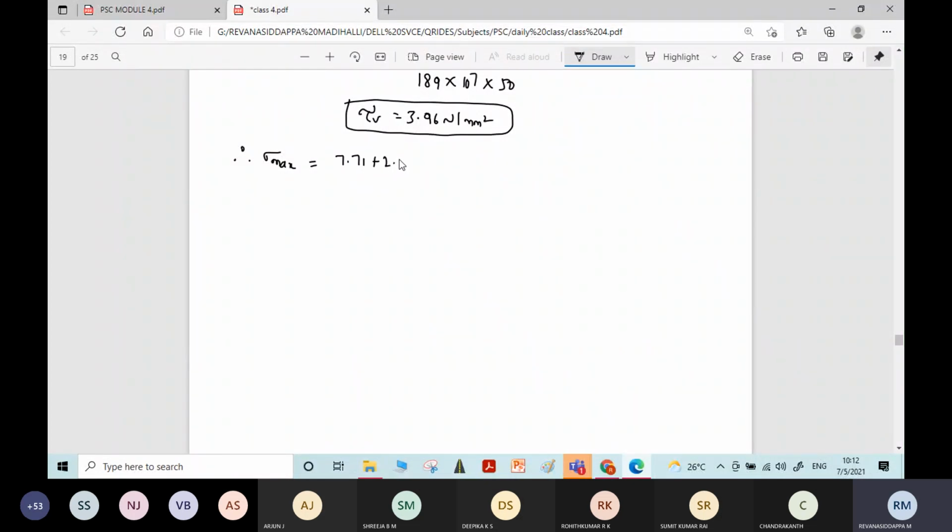That is 7.71 plus 2.35 divided by 2 plus half of root 7.71 minus 2.35 whole square plus 4 into 3.96 square.